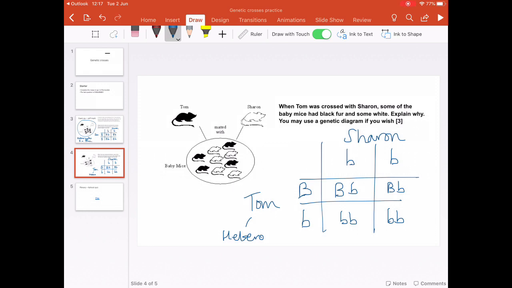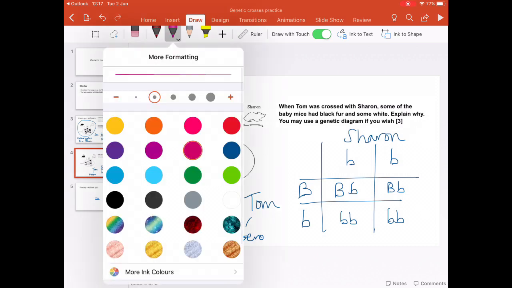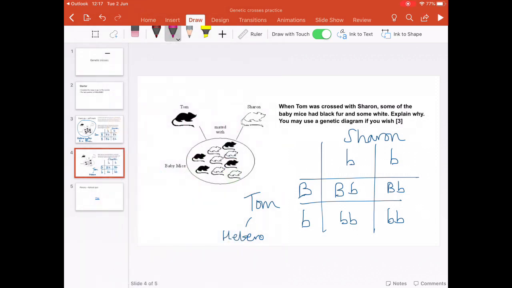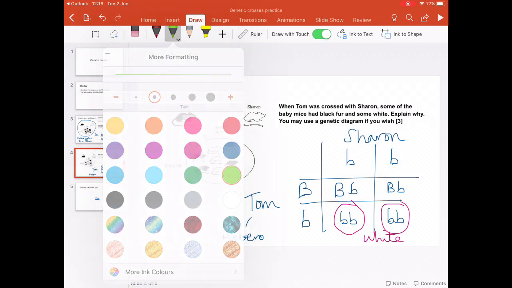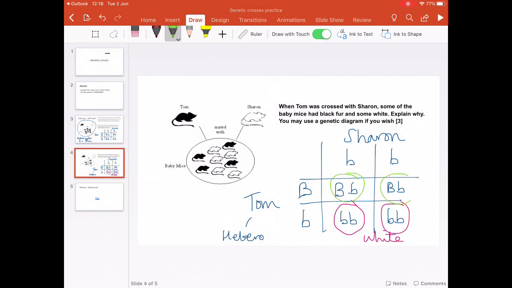And I can see now that they're my white babies. And of course, these ones are black.